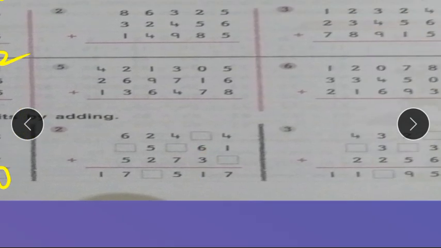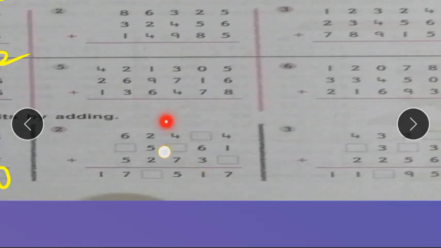Similarly here also, 4 plus 1, 5, and 1 more, 6. In 6, what will you add so that you can get 7? 6 plus 1, 7. So here you have to write 1 in the box. Okay, 6 plus 3, 9. In 9, what will you add so that you get 11? Because we will not go back, here is addition, so you have to add. So 9 plus 2, you will get 11.